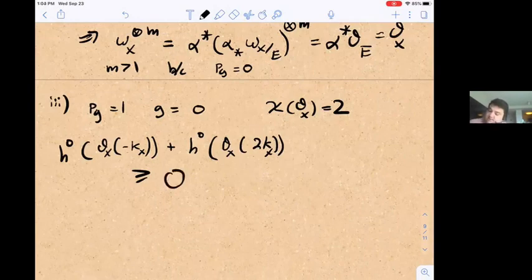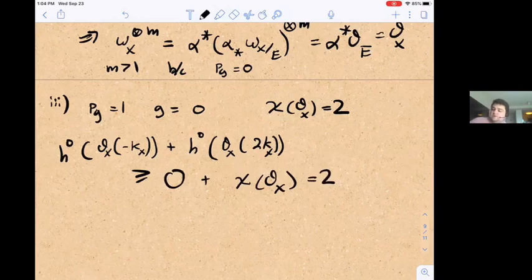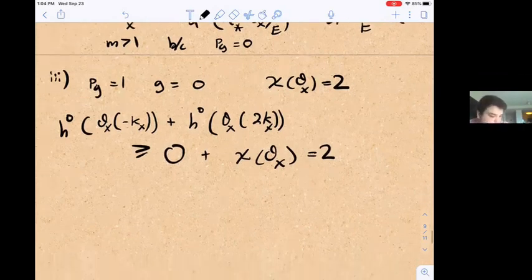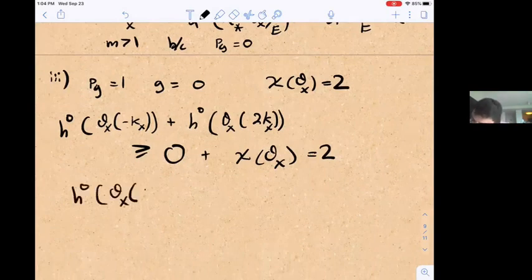So we'll get 0 plus the Euler characteristic of O, which is 2. So we know that H0 of O minus K plus H0 of O 2K is at least 2. But on the other hand, we also know that H0 of OX of 2KX is at most 1 because Kodaira dimension is 0.